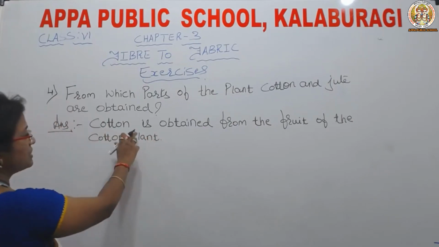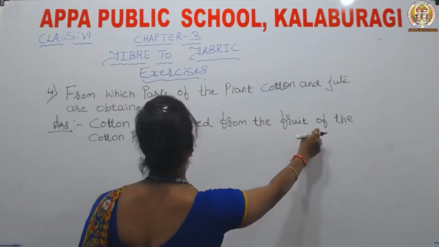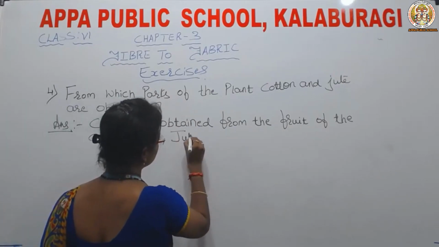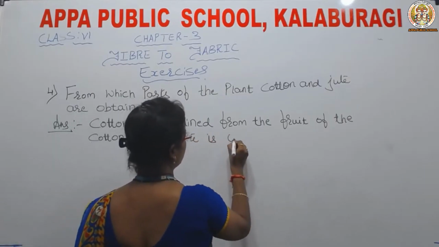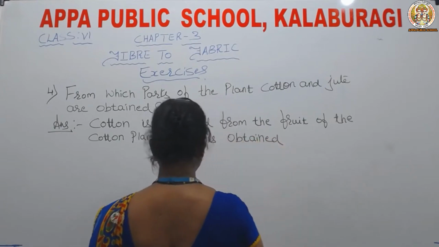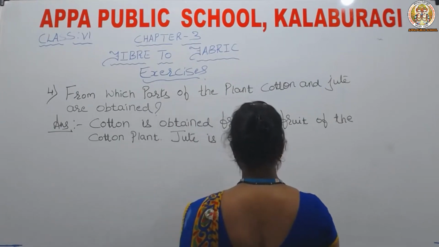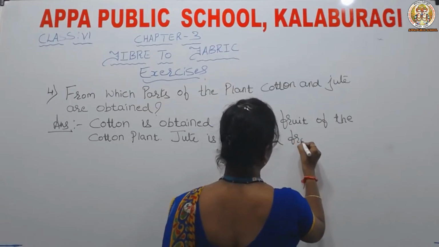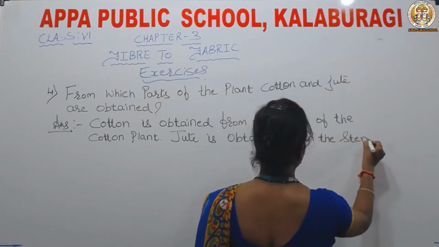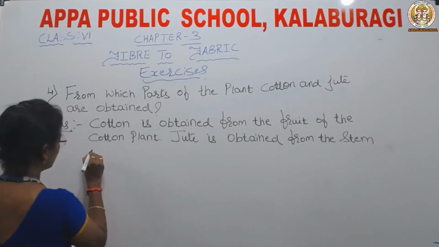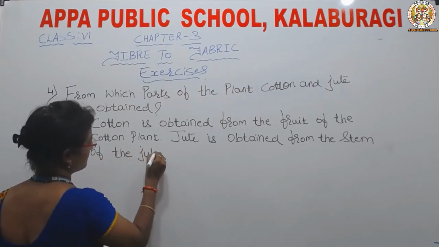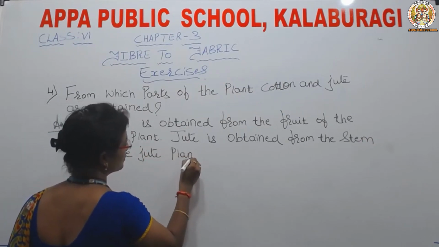So see here, cotton is obtained from the fruit of the cotton plant, and next, jute is obtained from the stem of the jute plant.